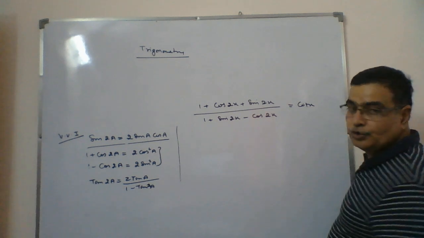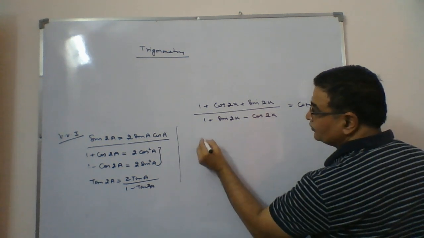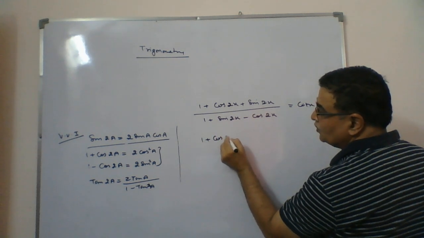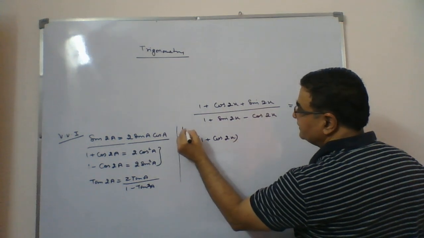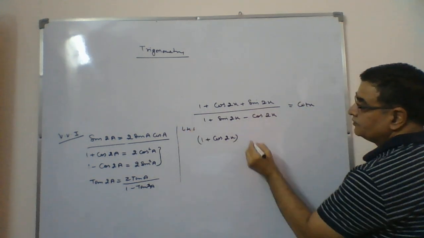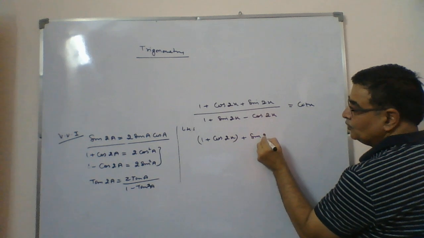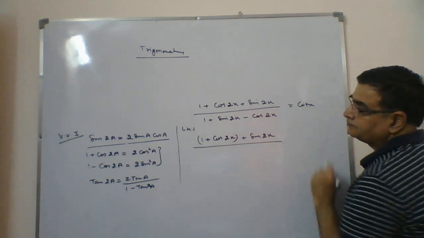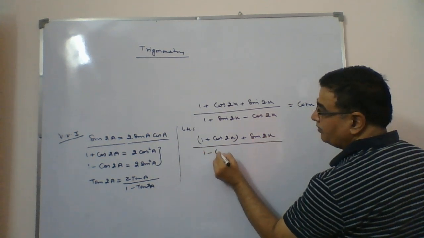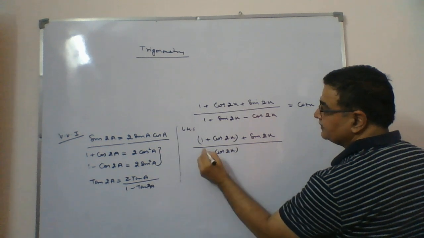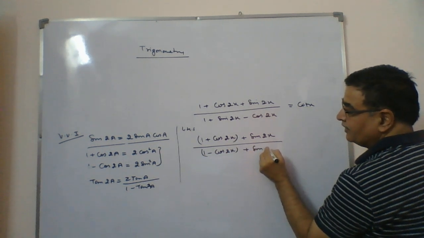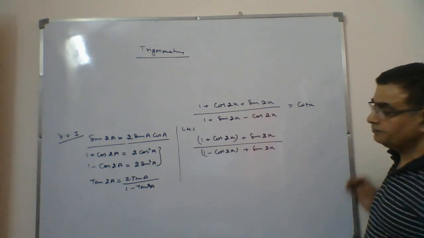How to get it? I told you 1 always should be with cos. So 1 plus cos 2x. We are starting with the left hand side. Then plus of sine 2x is here. Here it will come out to be 1 minus cos 2x and then sine 2x.